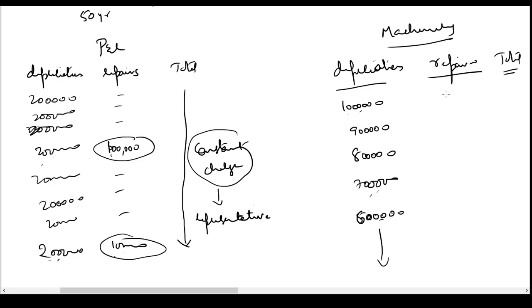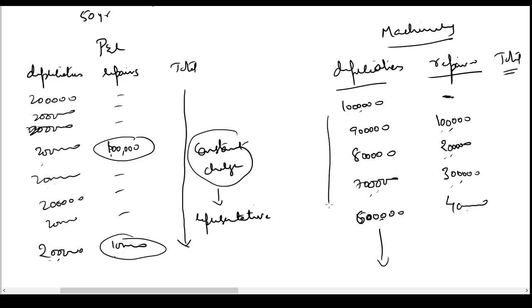Repairs: when the machine is new, generally, like when your car is new, repairs are nil. But after 1 year you have to start incurring some expenditure on maintenance, repairing some parts, replacing some worn out parts. Second year it is going to increase further. As the machine becomes old, the repairs are bound to increase. So these are just hypothetical numbers, examples.